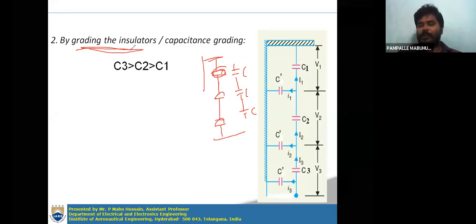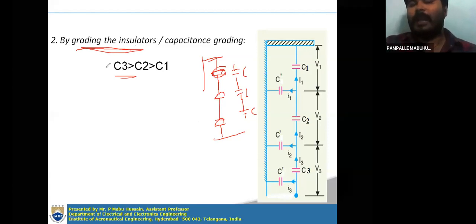Those insulators will be arranged in such a way that C3, the disc which is nearer to the conductor, will have more size when compared to the insulators which are towards the cross arm.